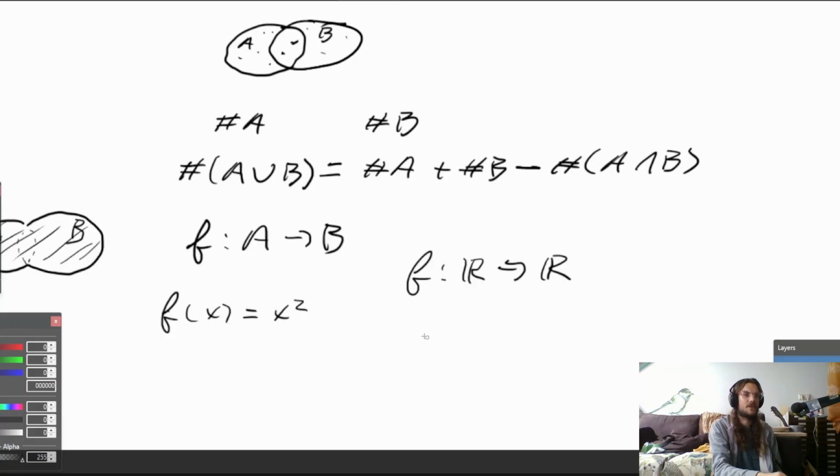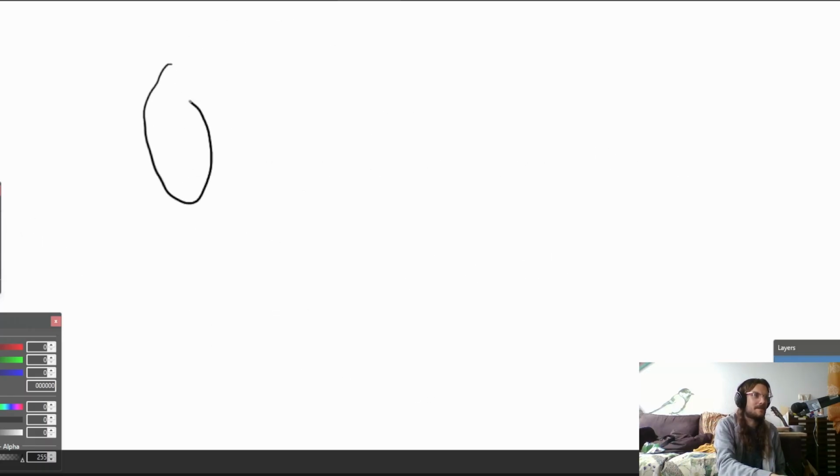For now, I want to talk about bijective functions and injective and surjective. If you imagine you have a set, and often when we talk about functions, we draw sets like this.